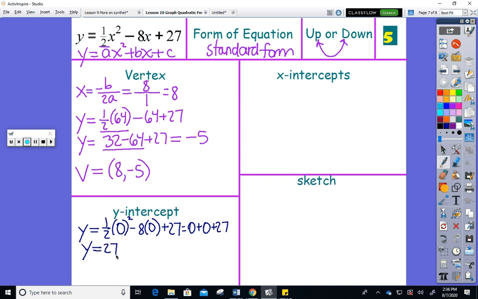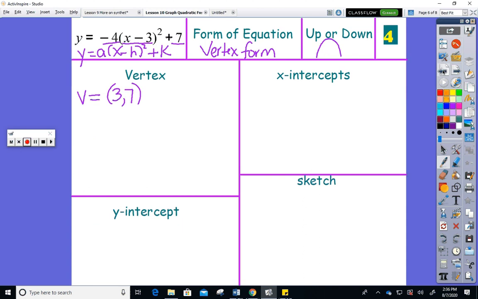Remember, we said in standard form, when you look at the C part, that is your y-intercept. So standard form makes the y-intercept easy to spot. Again, (0, 27) is going to be really, really tall, so I may not totally put it on the graph. I might expect that it's going to be so tall that my graph runs off the screen before I got to it if I were doing tick marks.